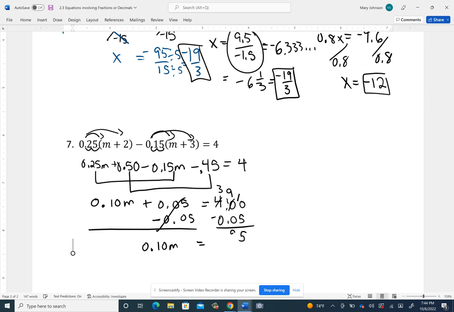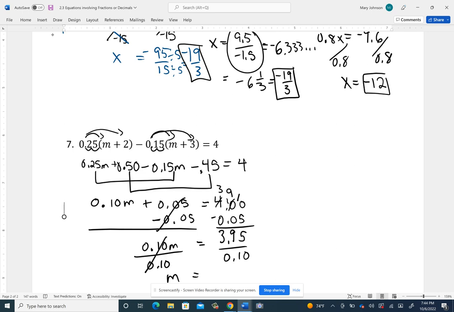You wouldn't have to go through all that because you should just be using your calculator to do 4 minus 0.05, or just think about it to get that. All right, and then divide both sides by 0.10. And when you do that, you wind up with m equaling, and then over here, after you work that out, you wind up getting m equaling 3.